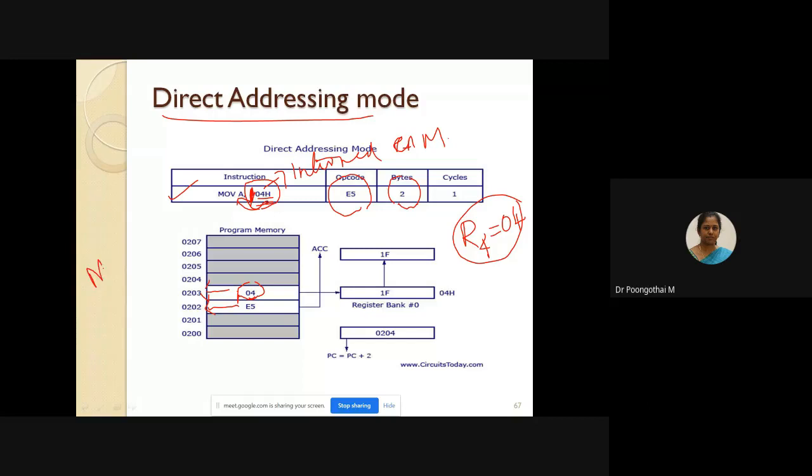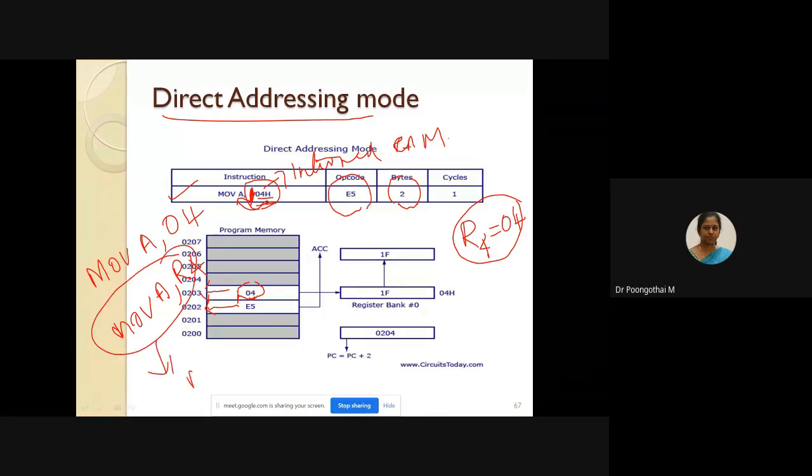Okay. So MOV A comma 04 and MOV A comma R4 are both the same. But MOV A comma R4 is under register addressing mode, and MOV A comma 04 is under direct addressing. So that is the difference.